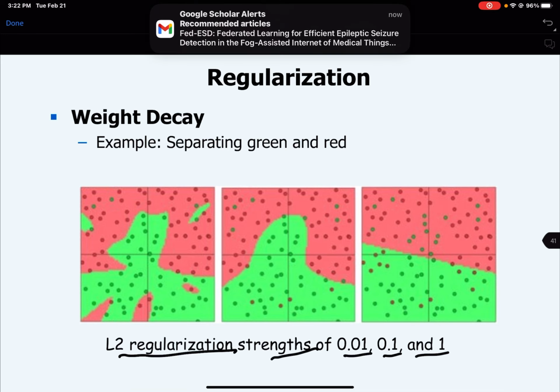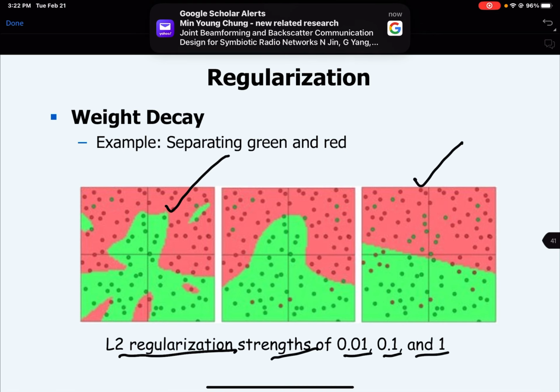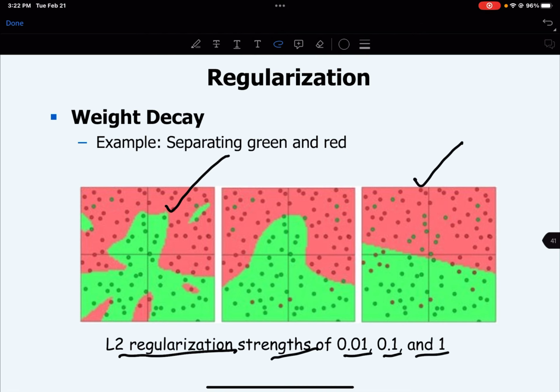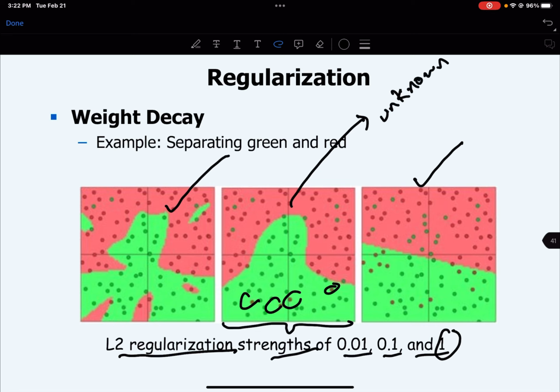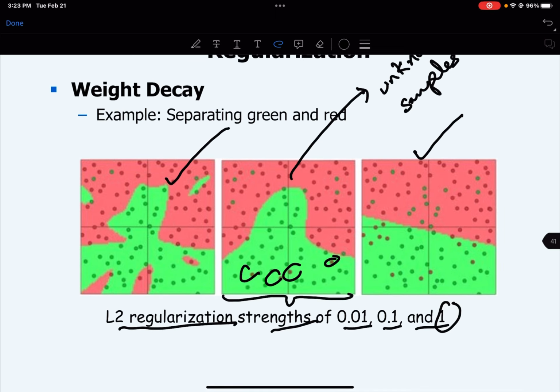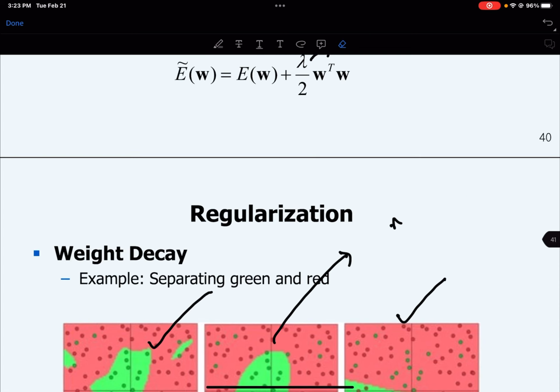This is overfitting, this leads to underfitting, where the strength is kept at 1, and this appears to be a suitable representation with some errors, and it can be used to predict the outcome of the unknown samples or unobserved samples. So choosing the regularization strength is also a key here.